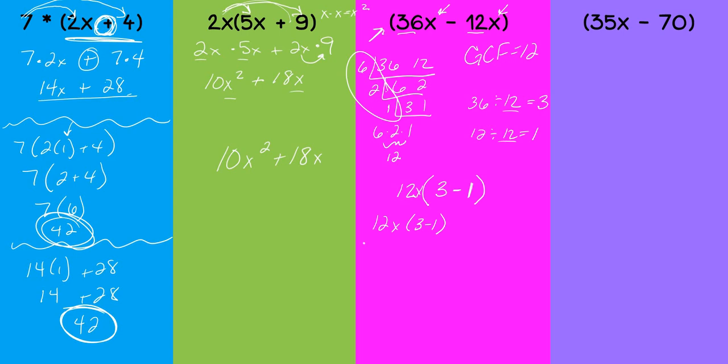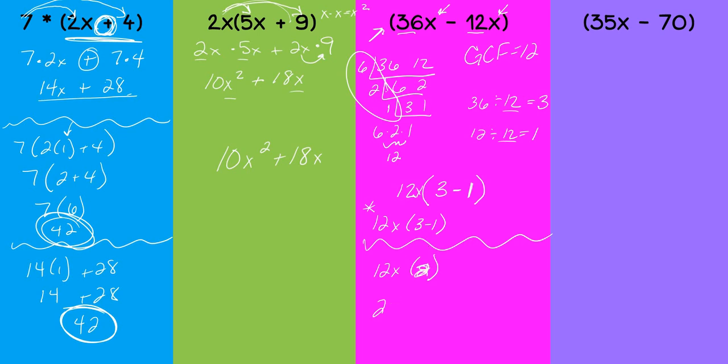We could even go further down the road. Now, if it asks me just to factor, this is all I want. If it asks me to give another equivalent expression, I could also combine like terms and say that 36x minus 12x, which would be, 3 minus 1 is 2.